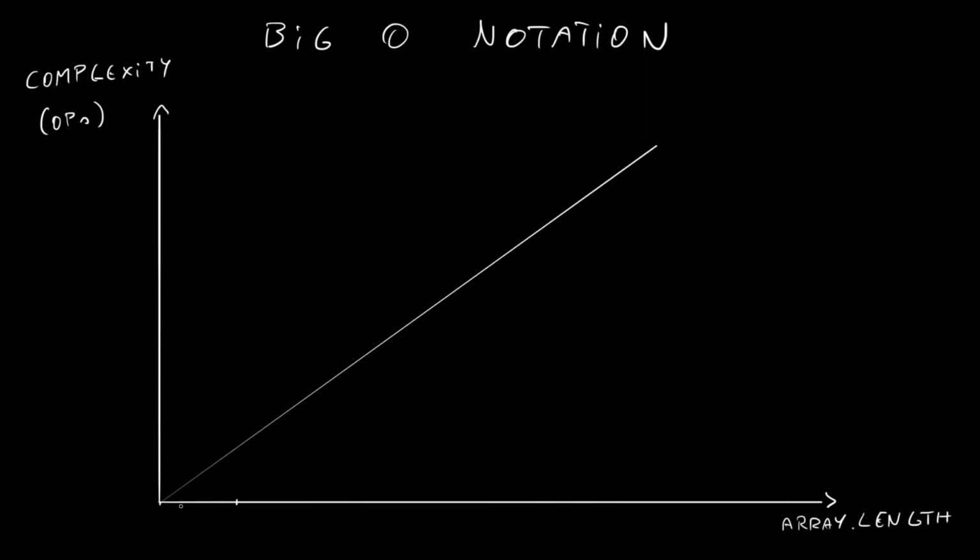Let's say that our 10 was here, and then our 100 would be there. This would be 100. And then for the 20, we would have 400. So 400 would be, I don't know, something like this.